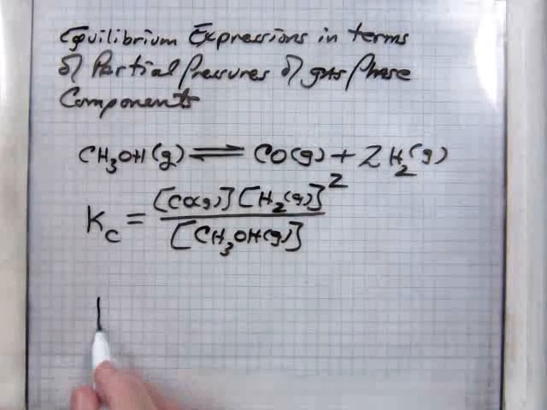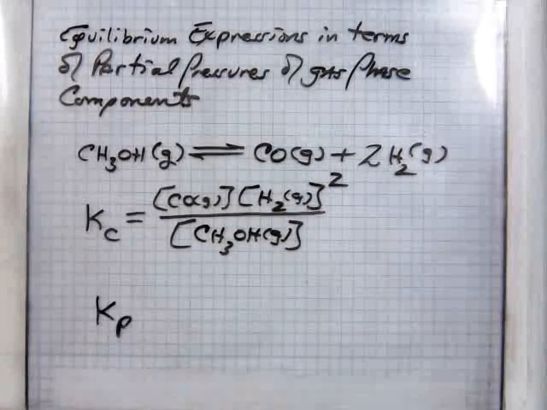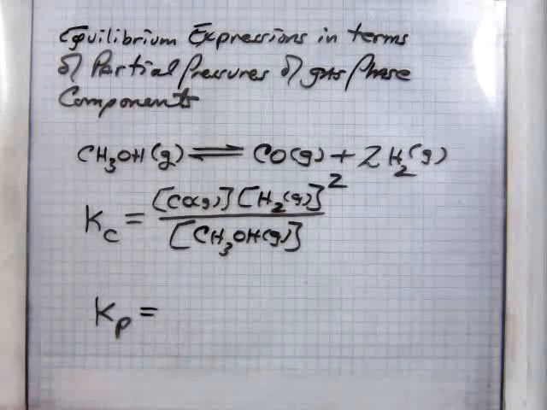However, there is a Kp expression. When you see the P subscript, it is partial pressures of the components of the reaction. It's written the same way, products over reactants.